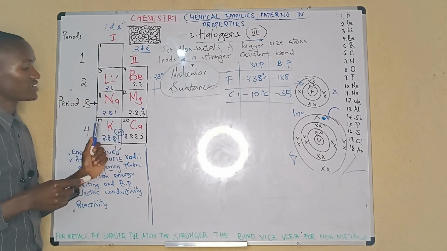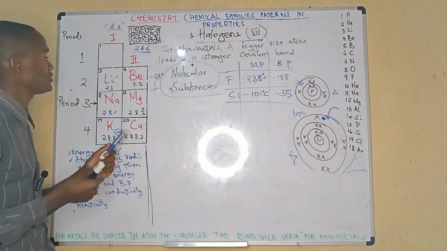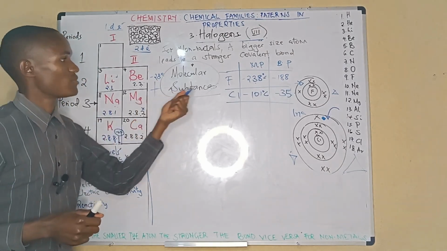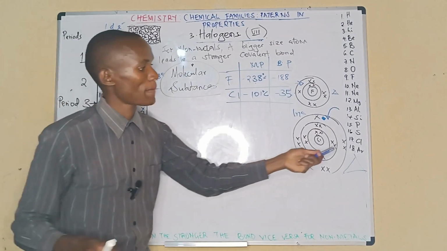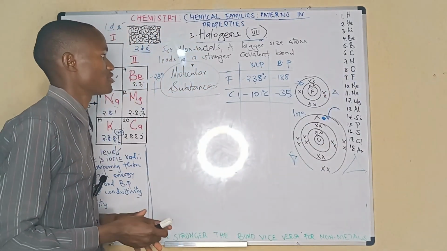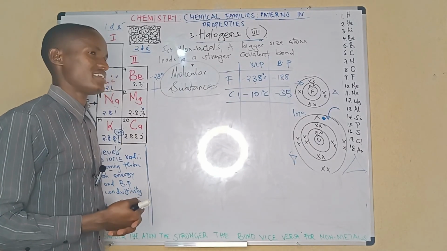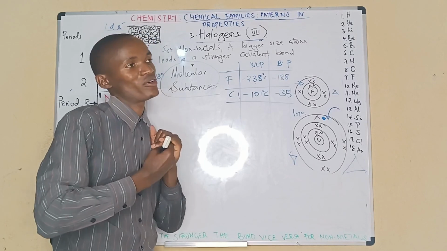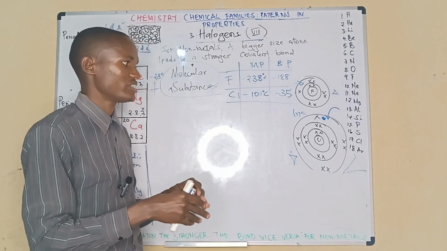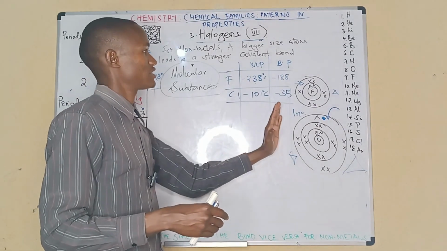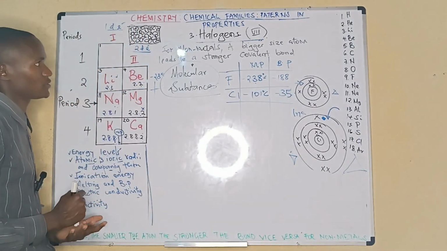These ones are good conductors of electricity, simply because they have delocalized electrons. But for these substances, chlorine and fluorine, they are molecular substances, and they have no delocalized electrons, so they cannot conduct electricity. So the conclusion is, halogens are poor conductors of electricity. Full stop.